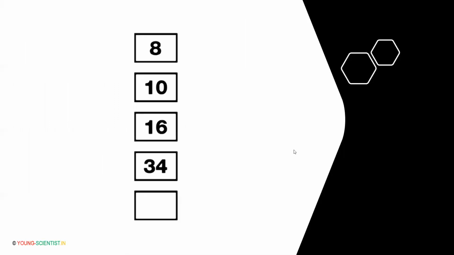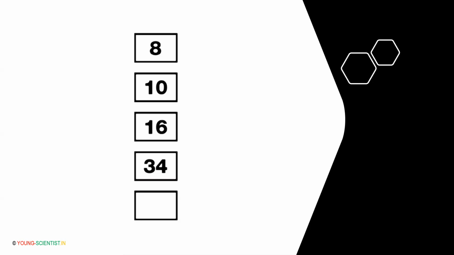So let's check that here. 8 times 3 is 24. Minus 14 will give you 10. 10 times 3 is 30. Minus 14 will give you 16. Sixteen times 3 is 48.